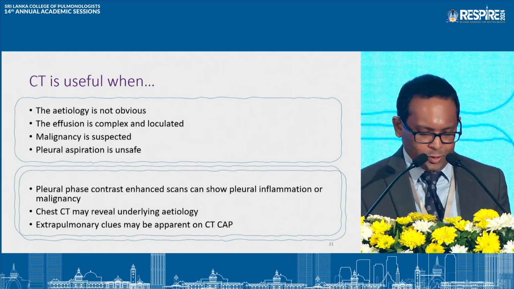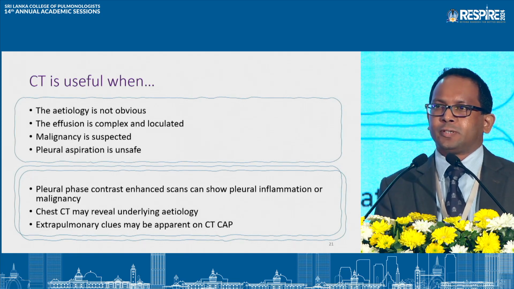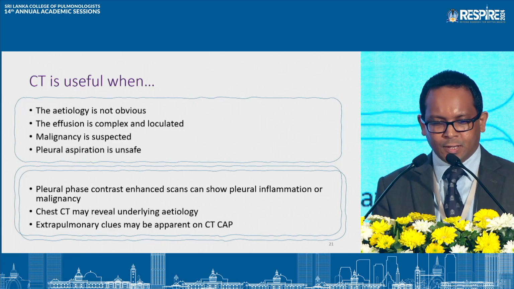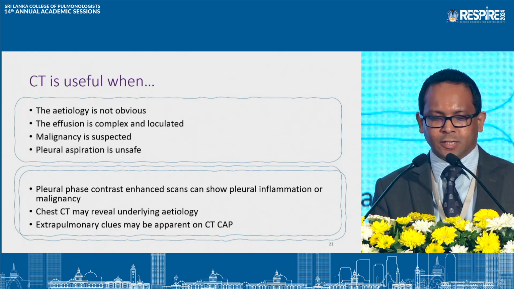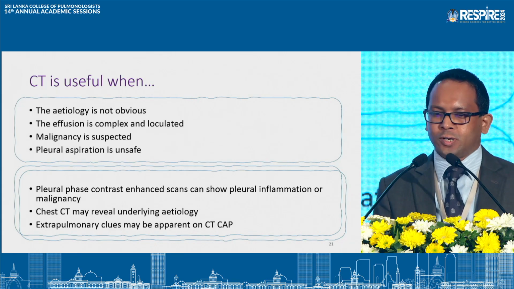And in this sort of situation, especially if you're suspecting malignancy, it's always better to go for a contrast CT of the chest, abdomen, and pelvis. And if it's just a CT of the chest, then ideally pleural phase contrast-enhanced scans to show pleural pathology.